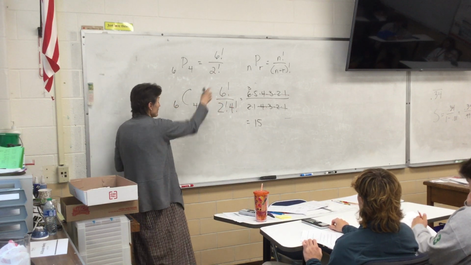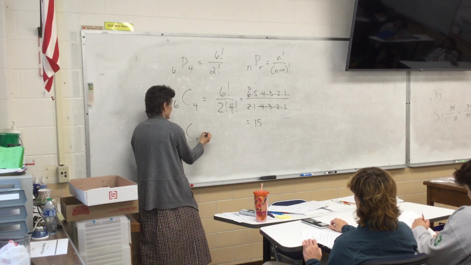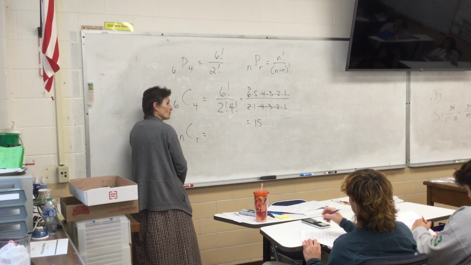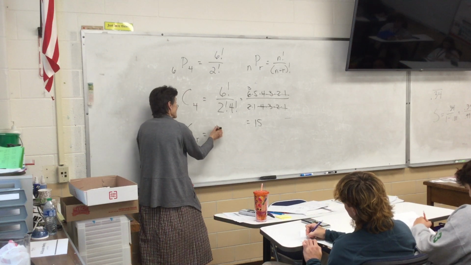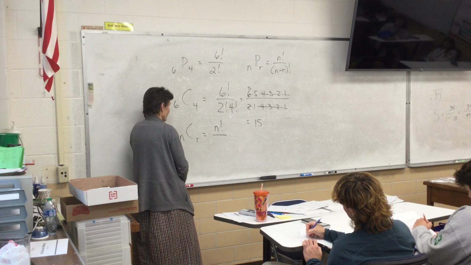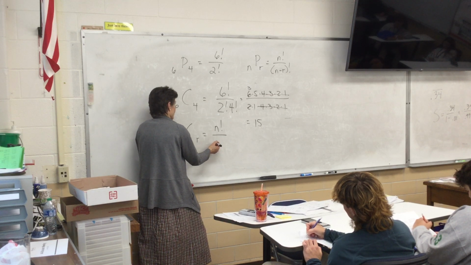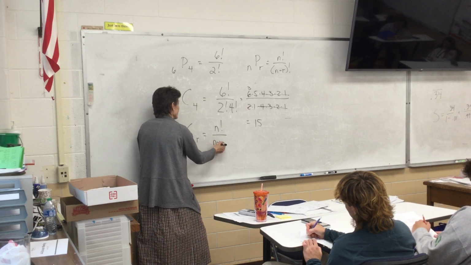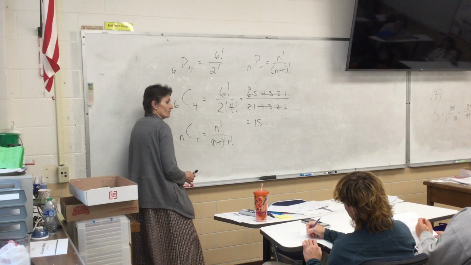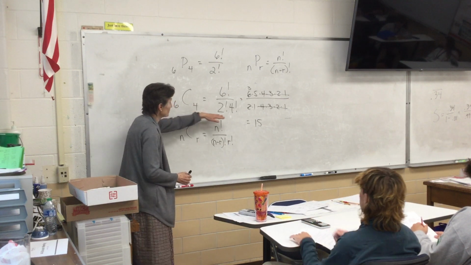So your general formula for combinations would be n factorial over what? What am I going to put in the bottom? N minus r factorial, r factorial. Look, right here, kids.